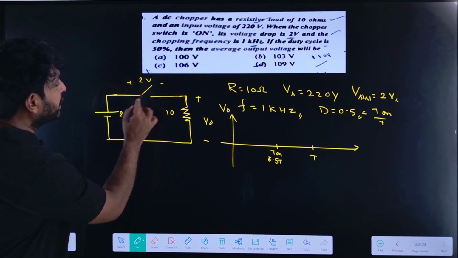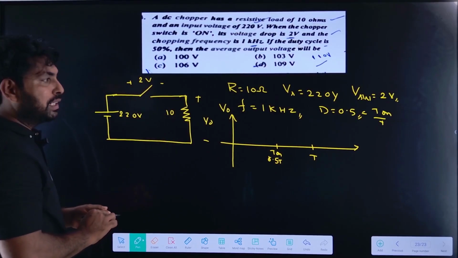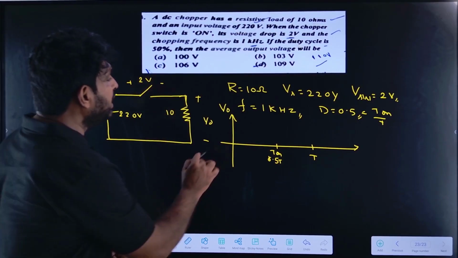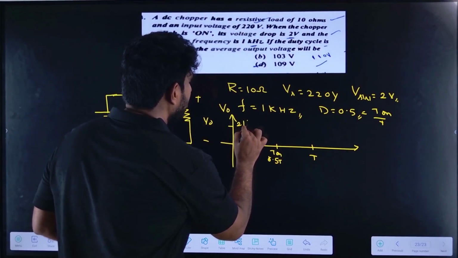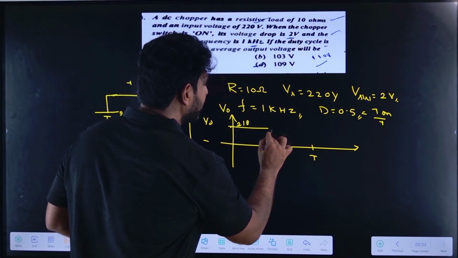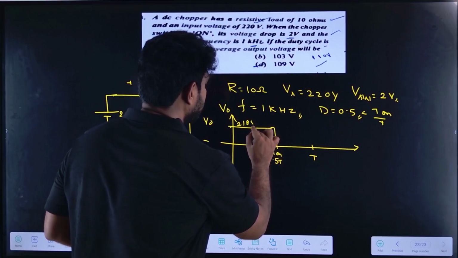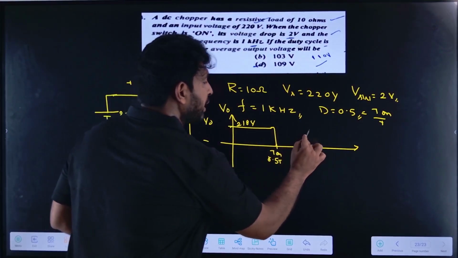So the output voltage is 220 minus 2, that is 218 volts. Up to T on, it is 218 volts, and the remaining period, it will be 0.